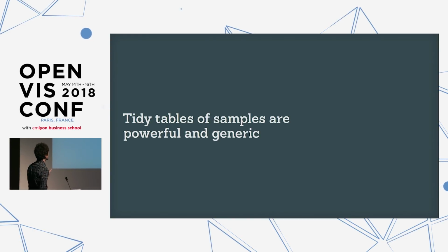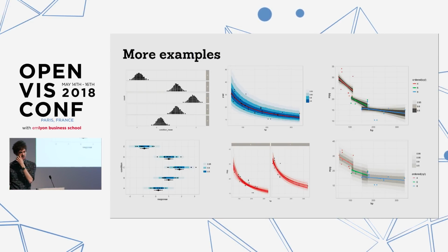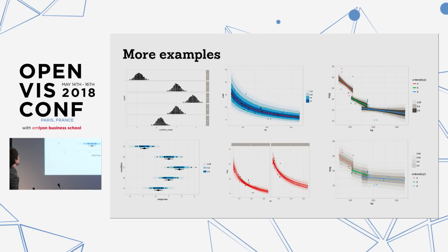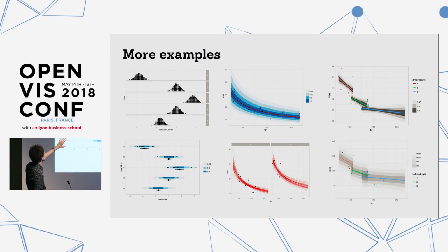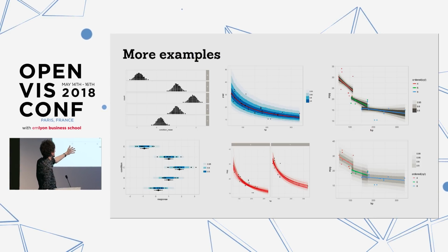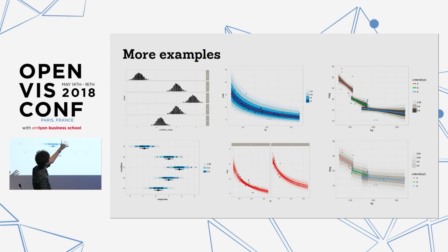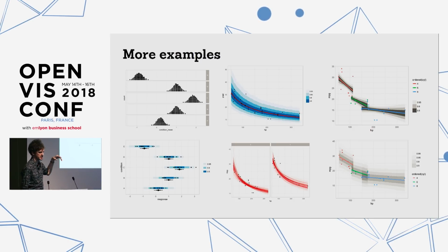Okay. So I think that tidy tables of samples are a powerful and generic way of building interesting uncertainty visualizations. Here's a bunch of other examples that are all just minor tweaks on the same sorts of pipelines. You can do quantile dot plots by just aggregating those groups into quantiles and then making a dot plot. Over there we have predictive distributions, which give predictive bands into which we think new observations should fall with some probability.